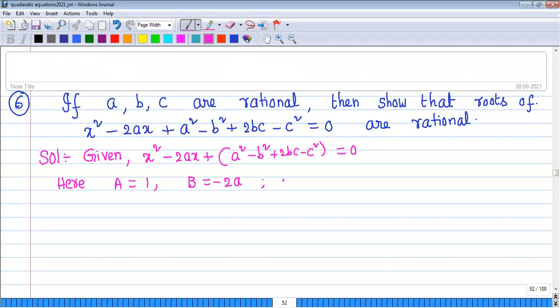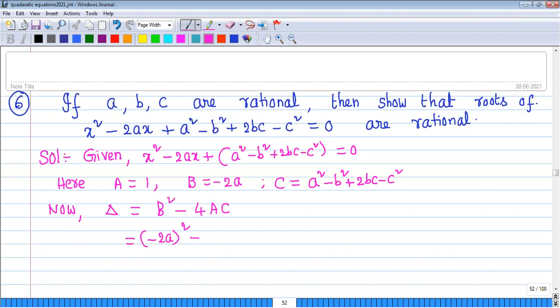For our convenience, you can take like this also. Capital C is equal to a square minus b square plus 2bc minus c square. Now consider delta. Delta is equal to b square minus 4ac. B square is (minus 2a) whole square, minus 4 times 1 times c, where c stands for a square minus b square plus 2bc minus c square.